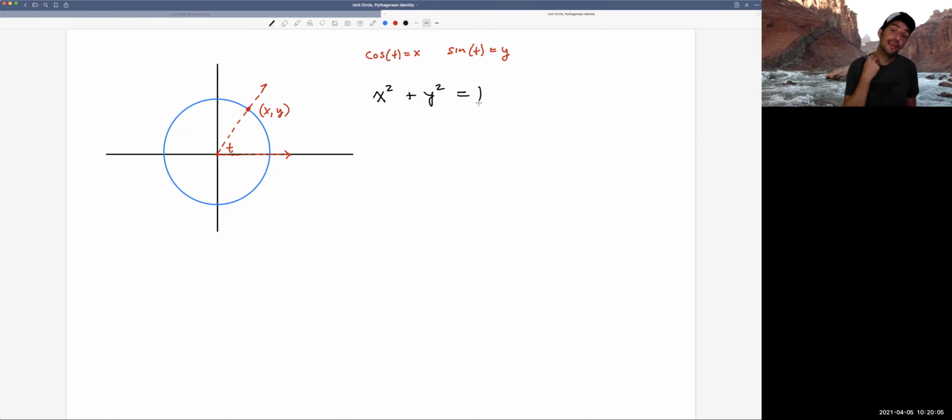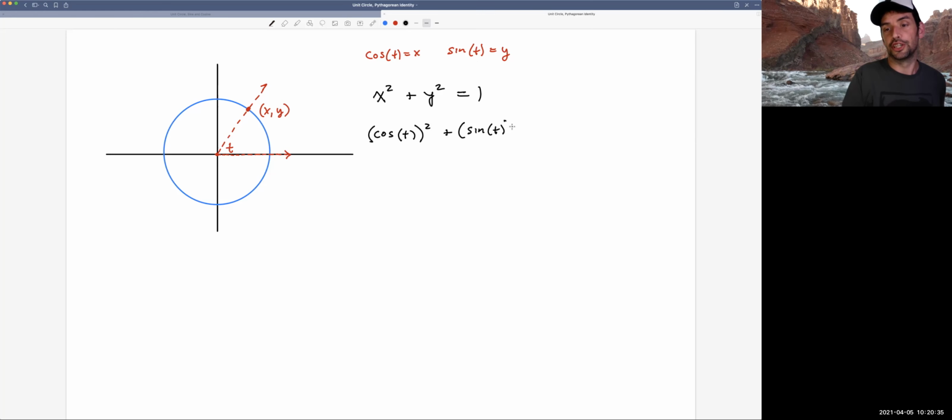Every point on the unit circle, every x, y coordinate pair that's on this, when you substitute in its values for x and y, the sum of their squares is 1, right? If they don't, they're not on the circle. That's what it means to be on the circle. Well, that means cosine of t and sine of t, which are defined as points on this unit circle, must also satisfy this relationship.